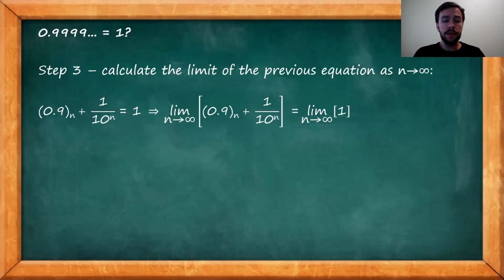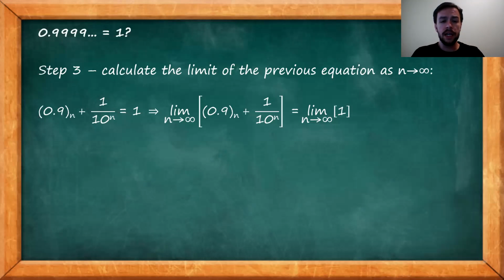So now, with the notation we defined and the equation we just introduced, we can actually answer the question we're interested in. That is, whether 0.9 repeating equals 1. And to do so, we're going to calculate the limit of the previous equation as n tends to infinity. So here's the equation again, 0.9 sub n plus 1 divided by 10 to the nth power equals 1.